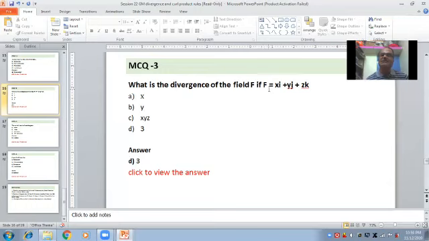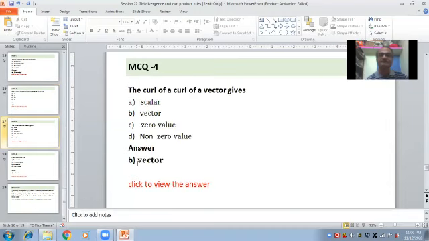So when you operate del on this F, it is a scalar product and it is a partial differential. So the differentiation of x with respect to x gives 1. The differentiation of y with respect to y gives 1. The differentiation of z with respect to z gives 1. So therefore 1 plus 1 plus 1 gives 3.